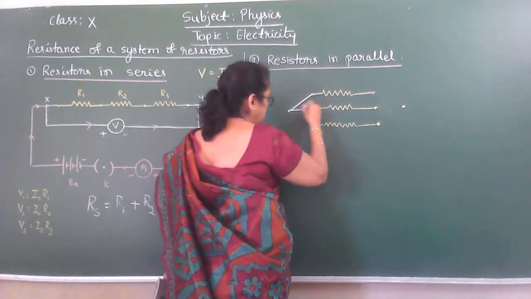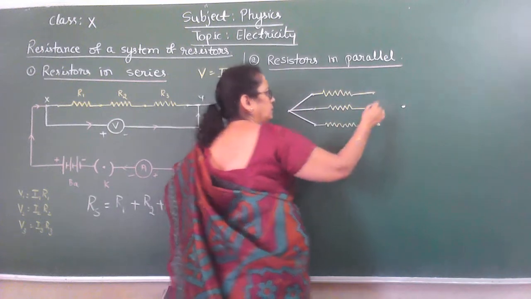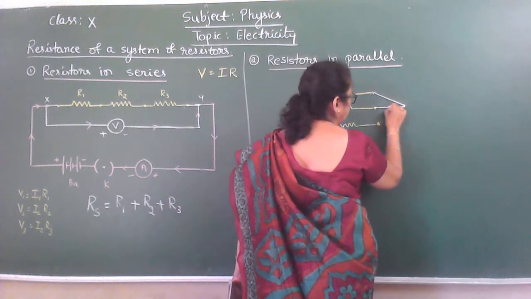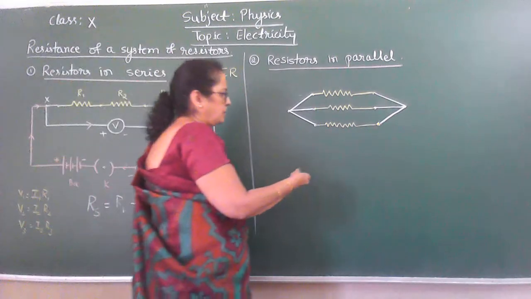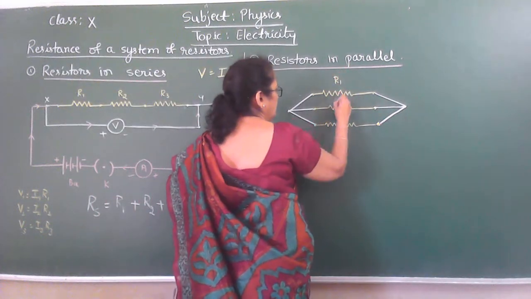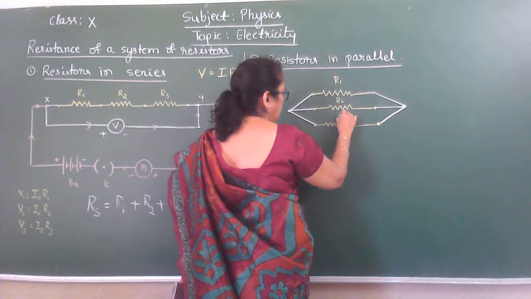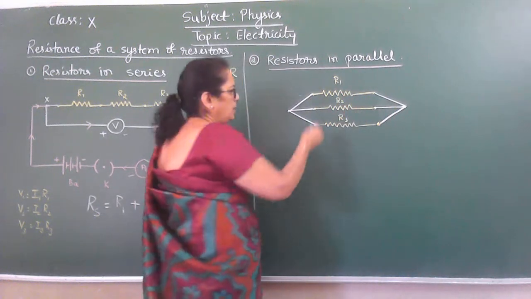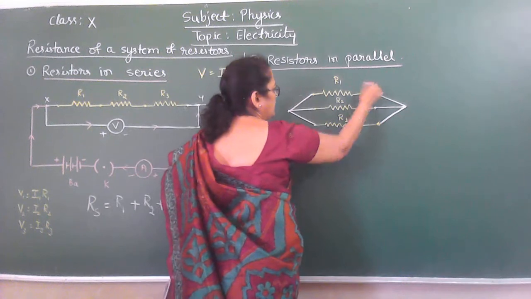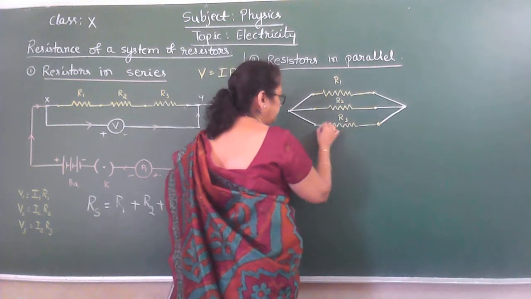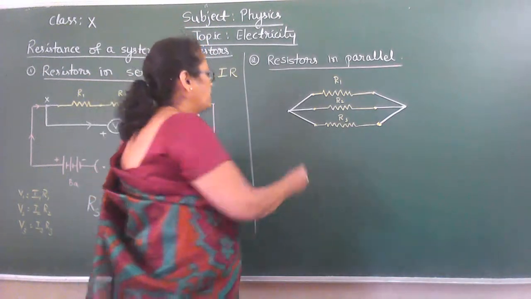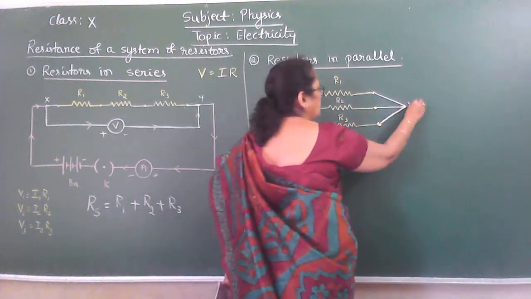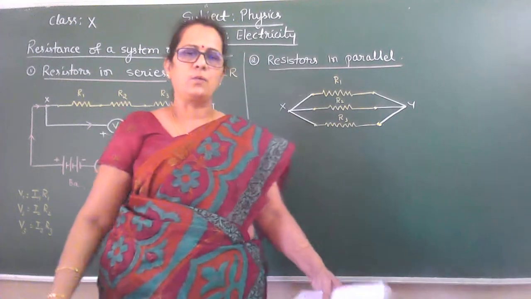That is better. I think you understood. First, write down R1, R2 and R3. They have their end points here, and the common end point here, let us call this X, Y.